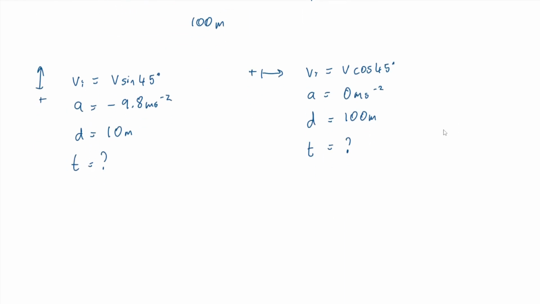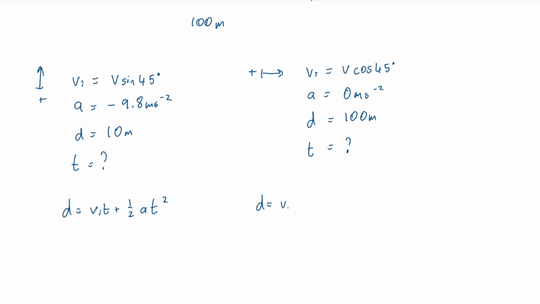So having a look at our kinematics equations, the equation that connects VI, A, D, and T is our trusty old D equals VIT plus half AT squared, our quadratic. So in both directions, we can substitute in our known values.